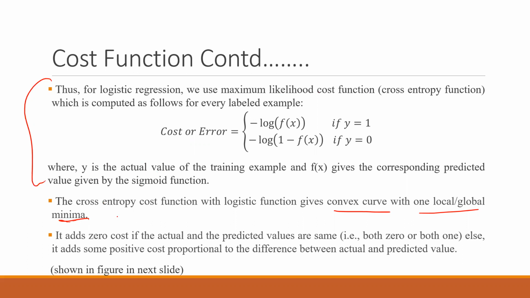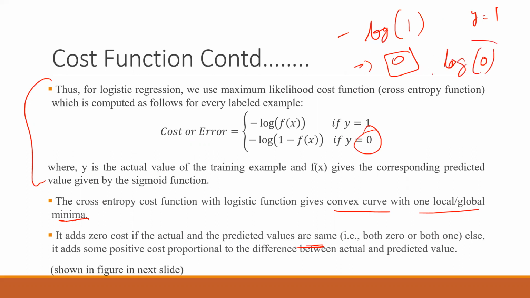And then it adds zero cost if the actual and the predicted values are the same. We saw that if y is equal to 1 and f of x is also 1, log 1 is 0, so the cost is 0. In the other case, if 0 was expected and you give output 1, then log 0 is not defined and it will be an issue.